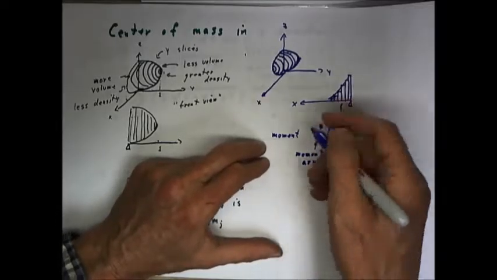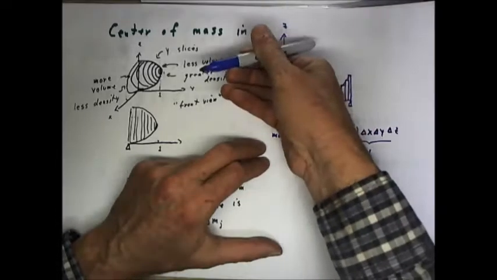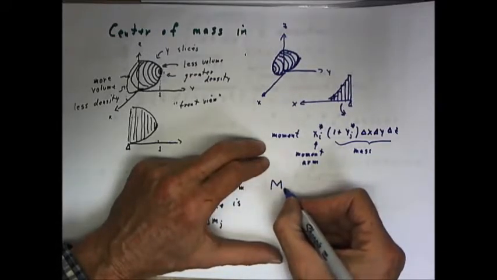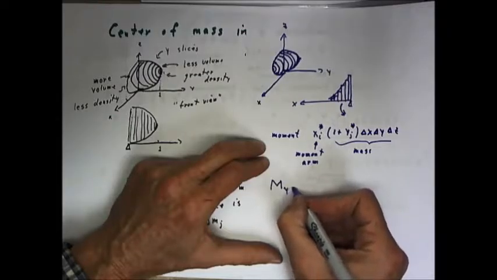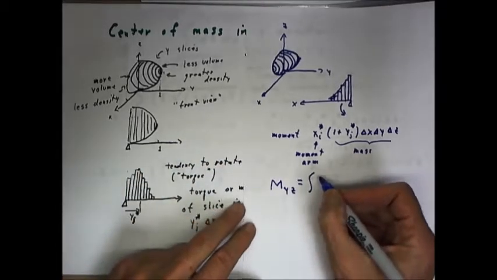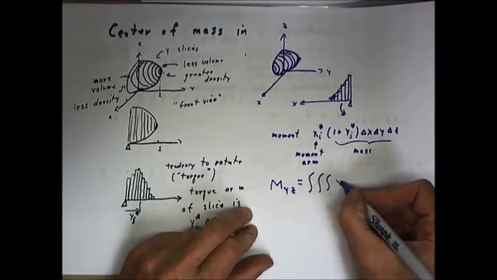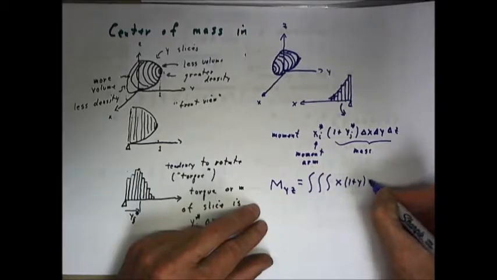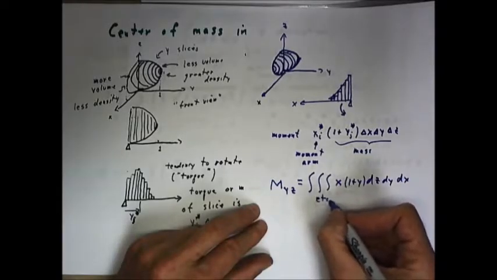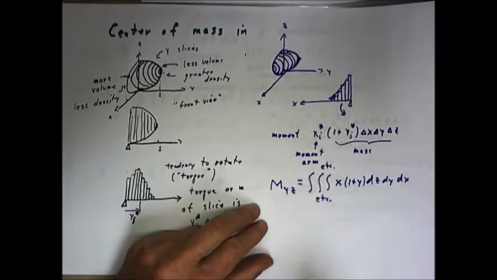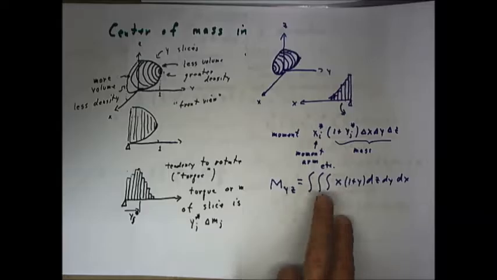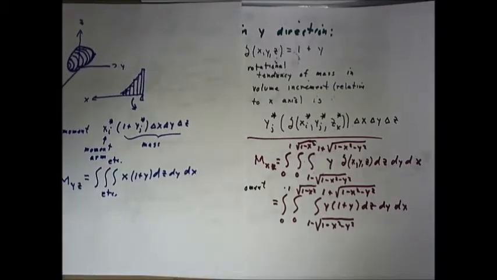And the total moment with respect to this rotation about this direction is going to be the moment perpendicular to the yz plane, and that's going to be the integral of x times 1 plus y dz dy dx, with, I'm just going to put etc. for the lower and upper limits on the integrals, same limits that we had previously.